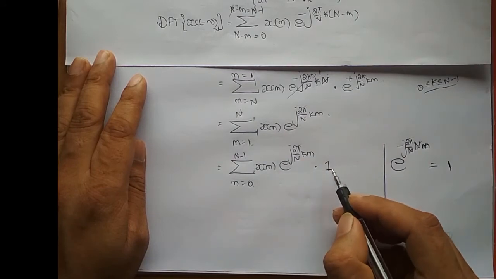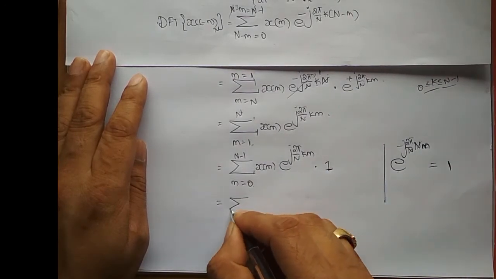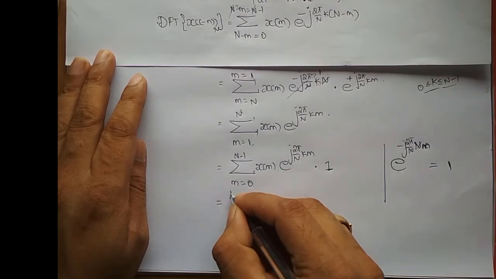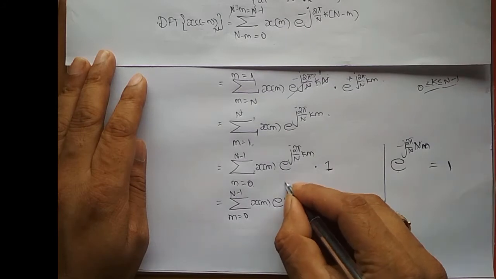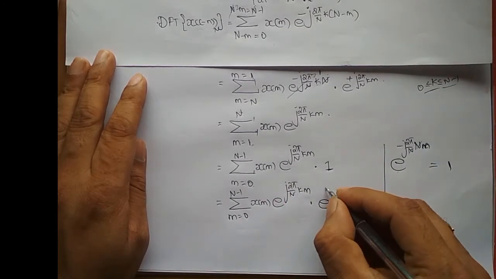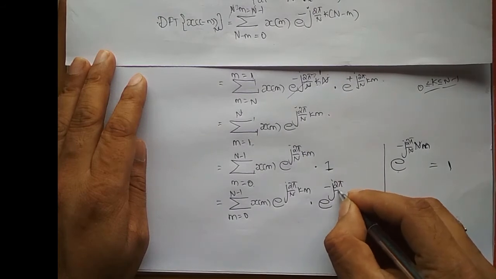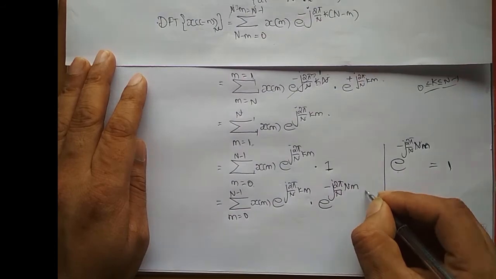So instead of writing 1, I'll write this term. So this becomes summation m varying from 0 to n minus 1 x of m e power j 2 pi by n into k into m into e power minus j 2 pi by n into m.